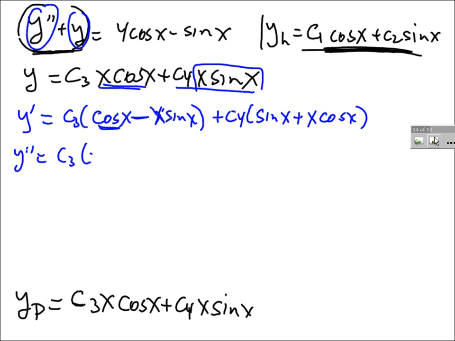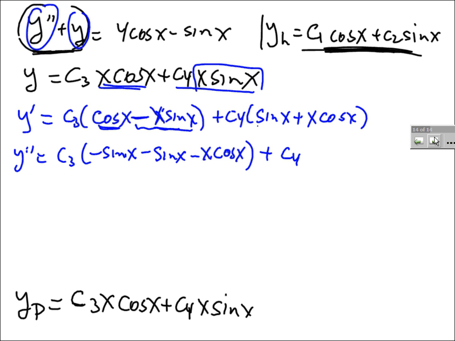The derivative of this is negative sine x minus this. Well, the derivative of negative x is negative 1 times the sine x. And then the minus x times the derivative of sine x. We alternate taking derivatives.